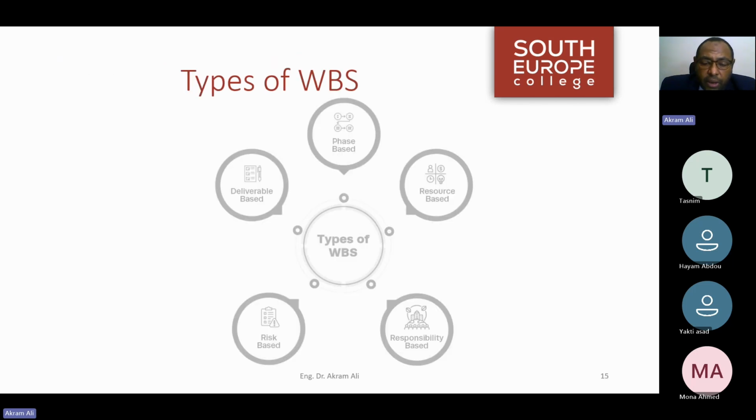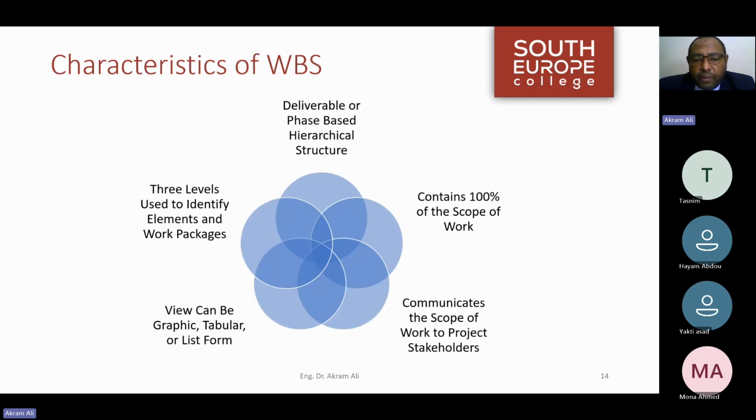Okay, so here we have characteristics of WBS. It says deliverable or phase-based hierarchical structure. So when I say phase-based, it means I am dividing it into phases. So that's basically what I do.